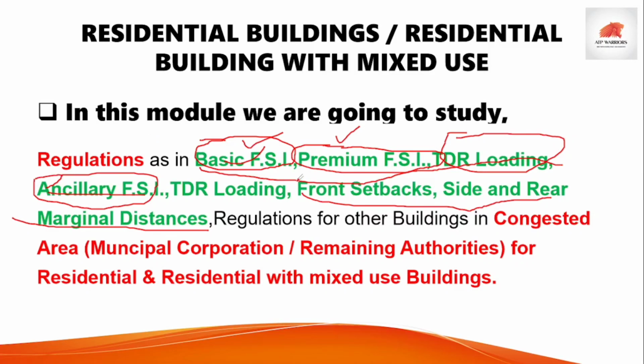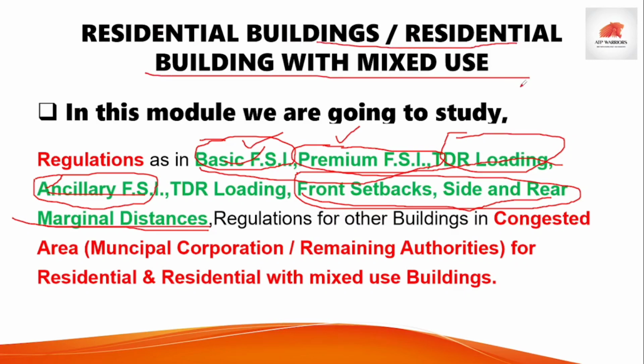After that, front setback and side and rear marginal distance we are going to see in an illustrative diagram as well. These are the regulations for residential buildings or residential buildings with mixed use. Where are these regulations going to apply?